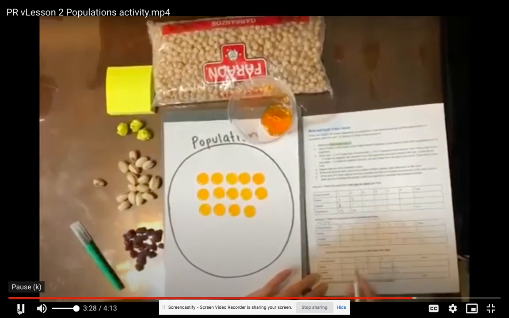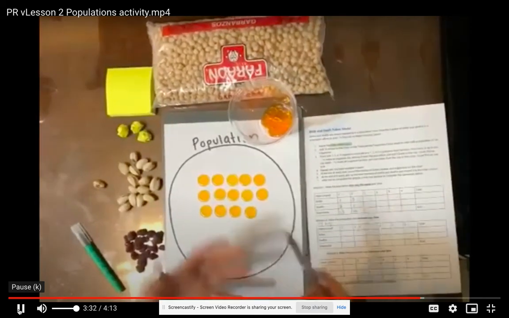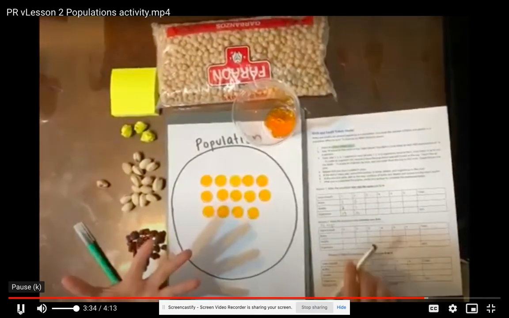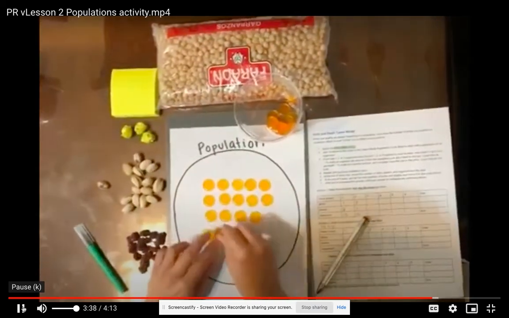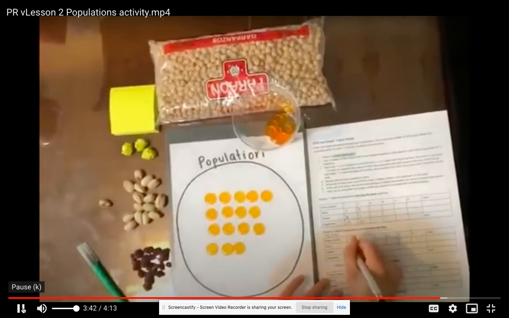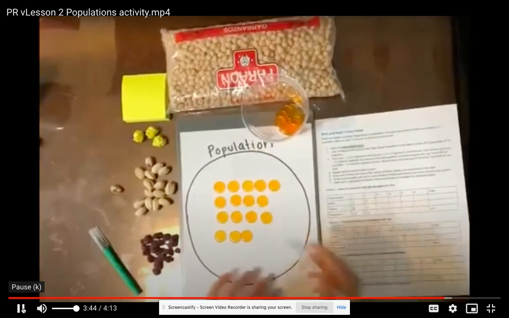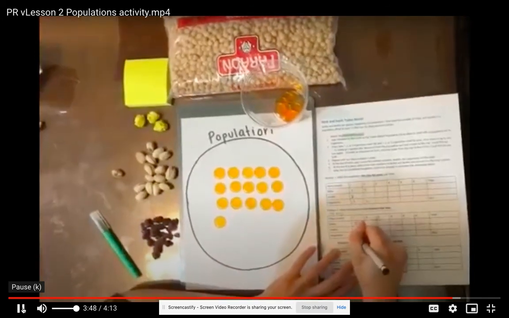And now I want the population to increase over time. So I'm thinking, okay, increase over time, maybe that means I need more births. So for my first year, I'm going to have 3 births and 1 death. So I had 3 births and 1 death. If I count all these up, let's see, I have 16 total.